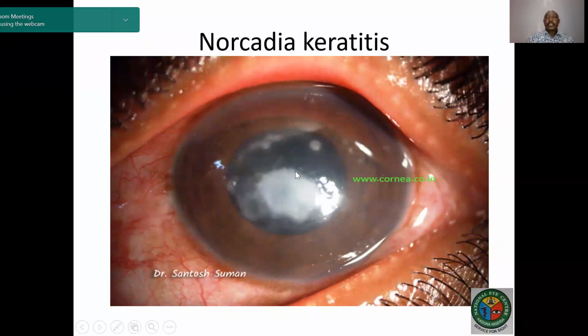Like we said, the shape, the density of the infiltrates, the extended lesions, all these could create a diagnostic puzzle and will lead us to ask more definite questions as to what the causative agent is for this ulceration.